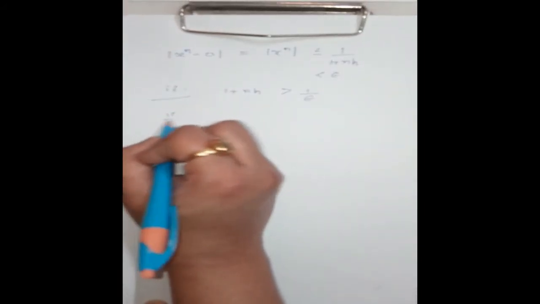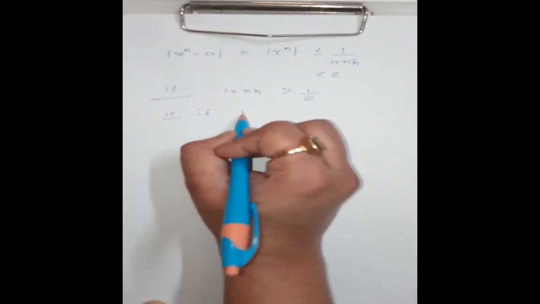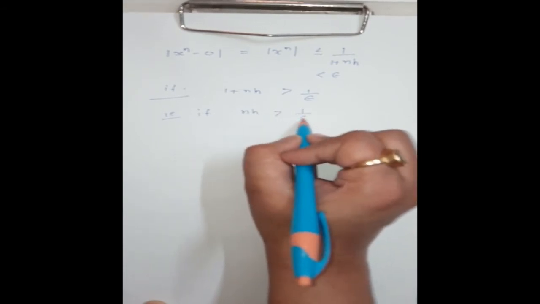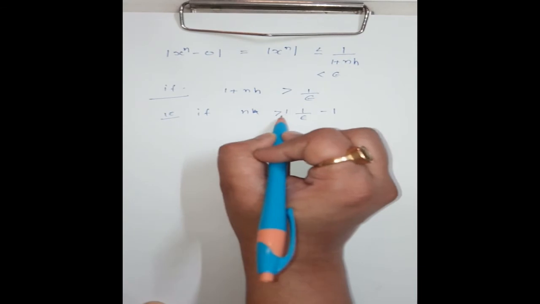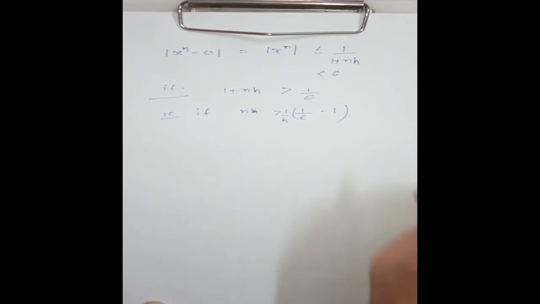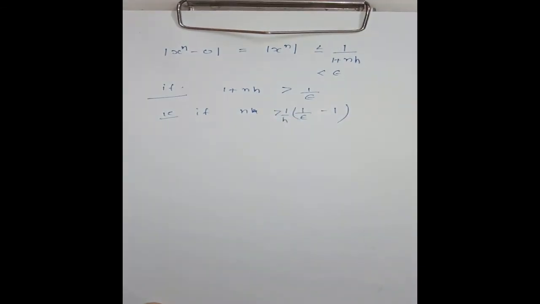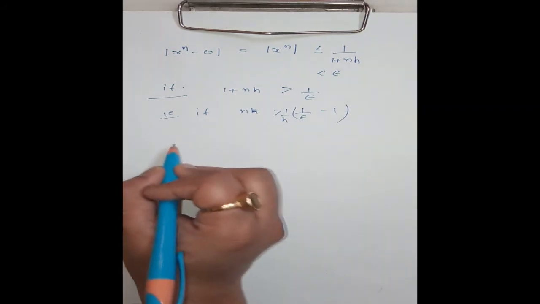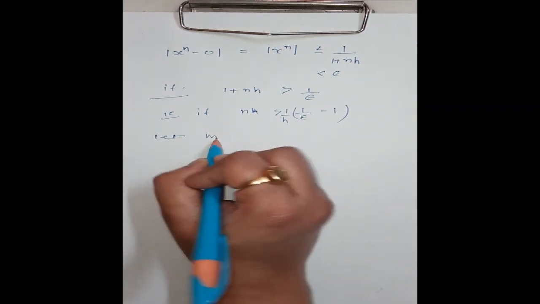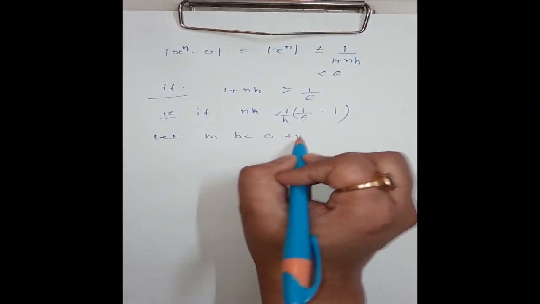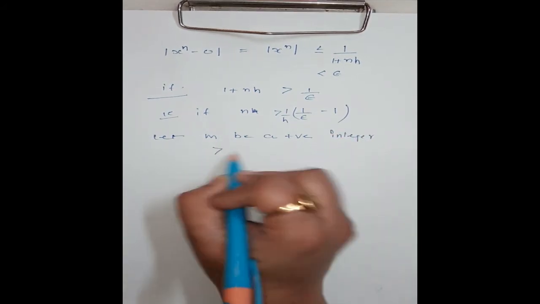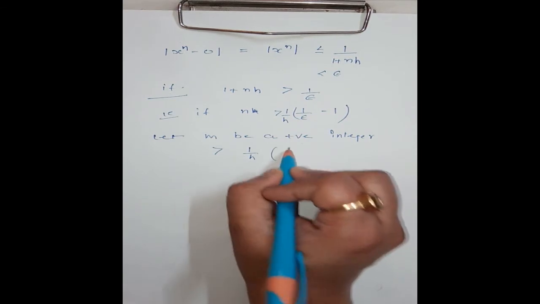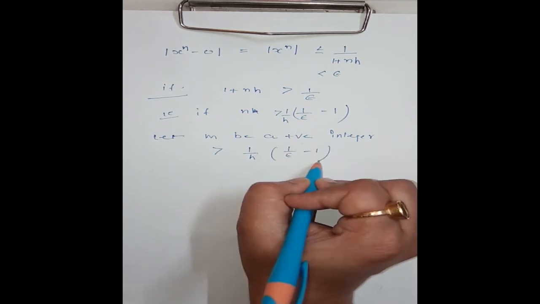That is, if nh is greater than 1 by epsilon minus 1, or I can also write this as n greater than 1 by h into (1 by epsilon minus 1). Now let m be a positive integer greater than 1 by h into (1 by epsilon minus 1).